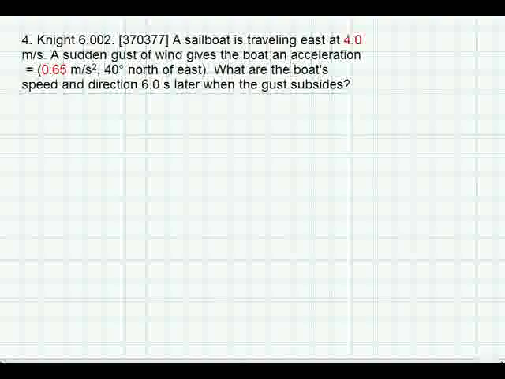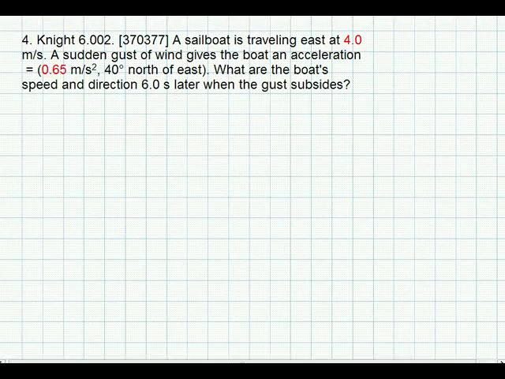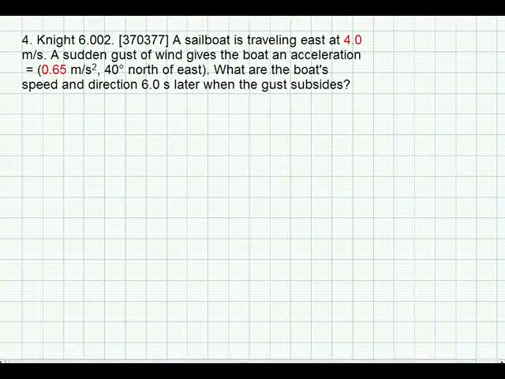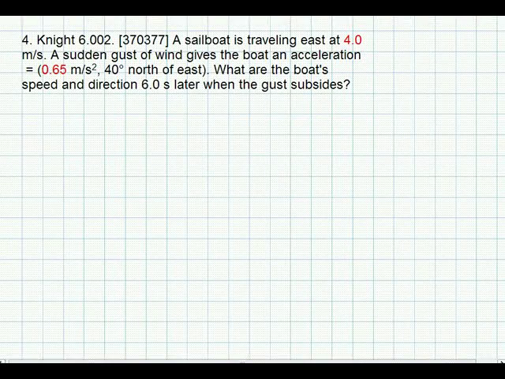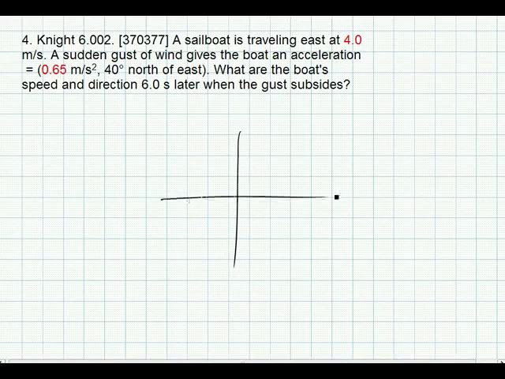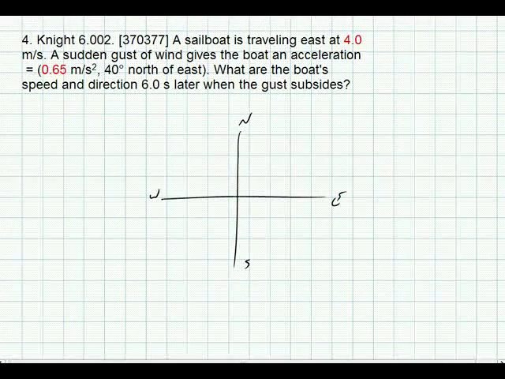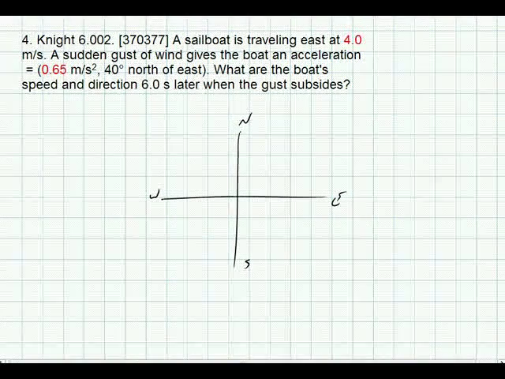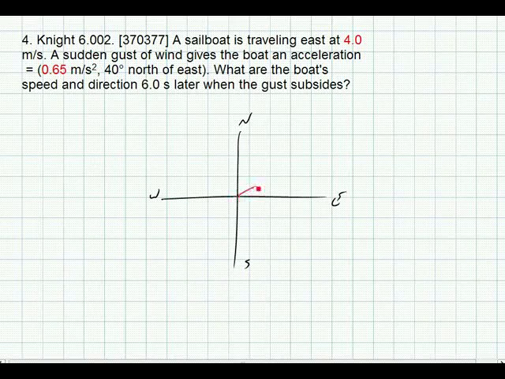Here we have a sailboat traveling at some velocity. There's a sudden gust of wind that accelerates the boat, so just make sure that you draw your axes, and you indicate which way the acceleration vector is acting on the sailboat.